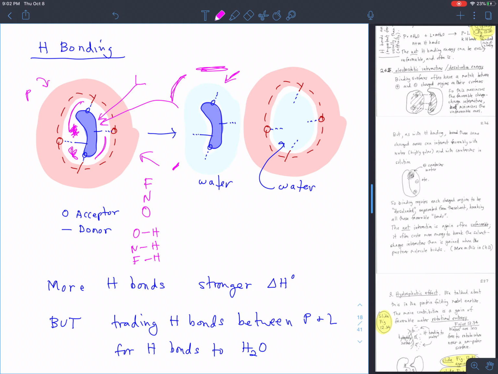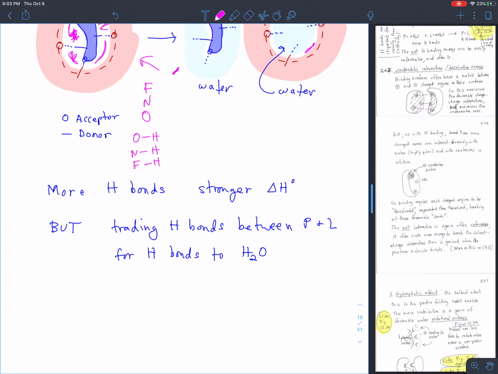Likewise, when the protein itself doesn't have a ligand bound, then there's water usually filling up the pocket where the ligand would go, and those waters can hydrogen bond also to all of the donors and acceptors in the pocket. So hydrogen bonding can contribute to binding.